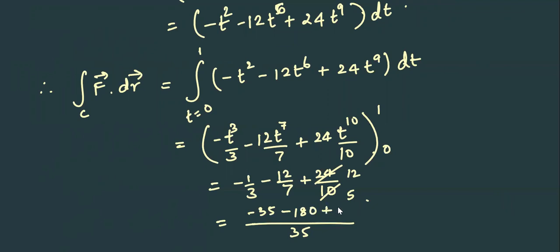Plus 12 into 21 is 252. So we get 37 upon 105. 37 upon 105.